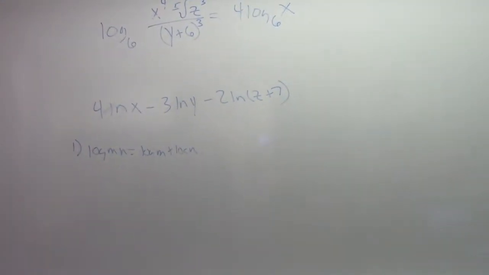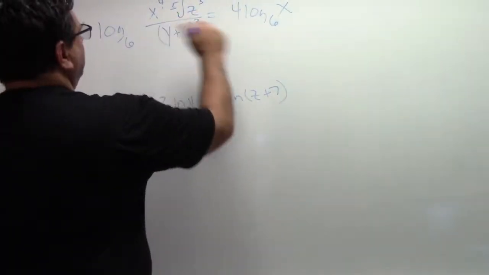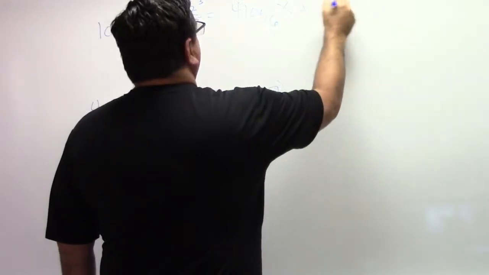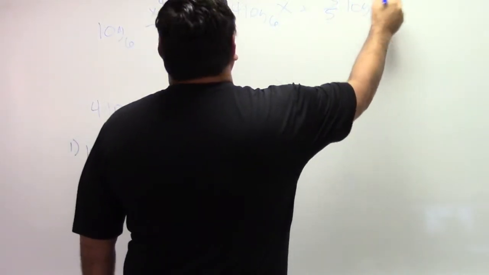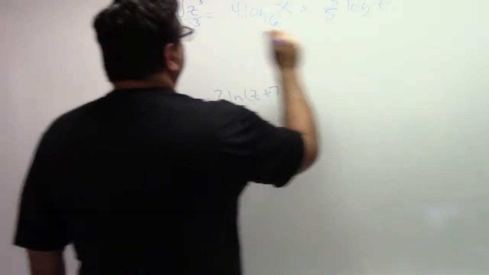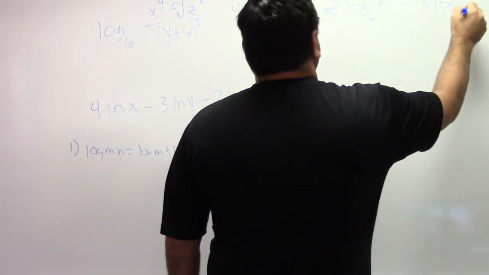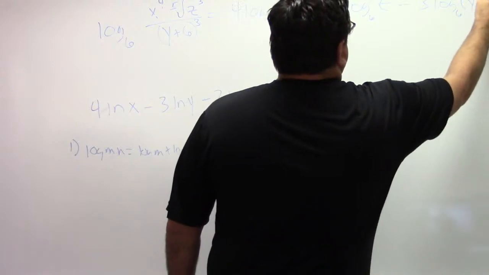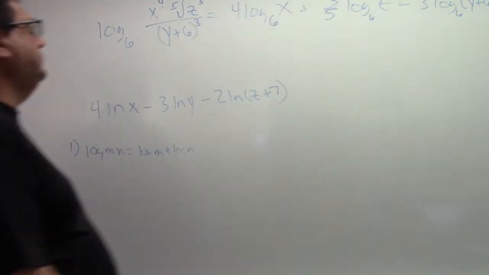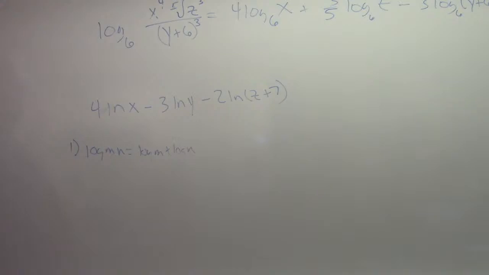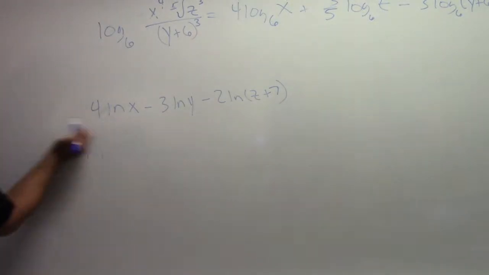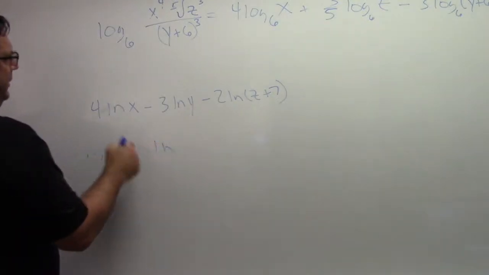All right, guys, give me 1 second. Let me finish this sentence. So anyway, those are the properties you need to know. So exponents will come out. Anything on the bottom gets a minus sign, anything on top gets a plus sign.